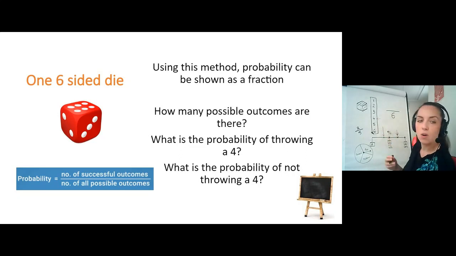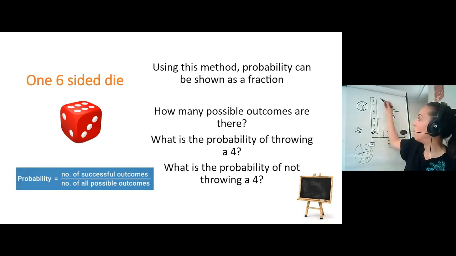So the probability of rolling a 4 is actually 1 out of 6. Because if you roll one dice once, there's only one chance you will get a 4, because you've got as much chance of getting a 4 as you have of getting a 1, a 2, a 3, a 5, or a 6 as well.